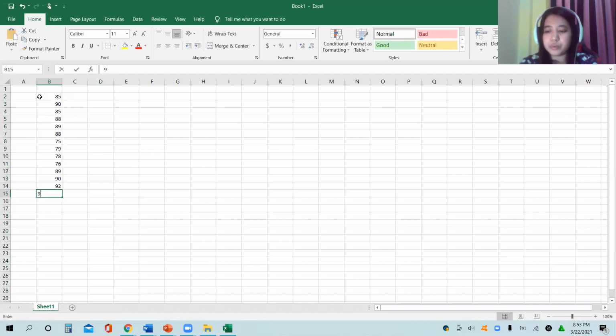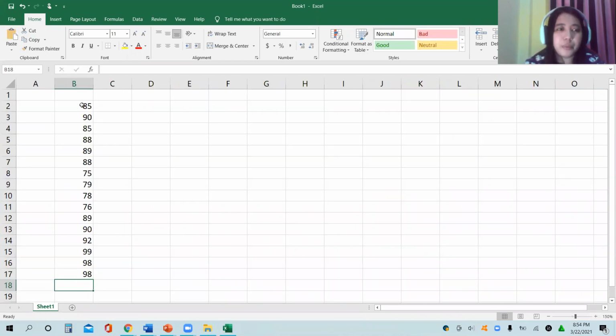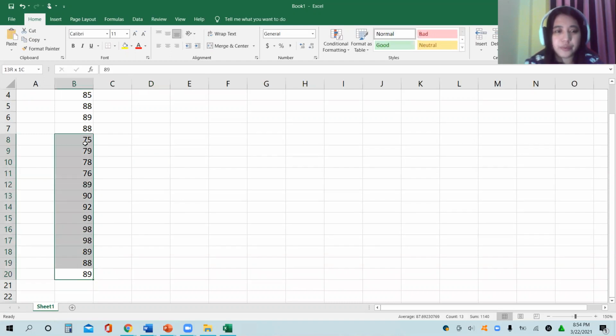We are going to check if the data is normally distributed or not. Using a histogram, we can simply select this. But let us consider more data. Okay, let's have 20 data.